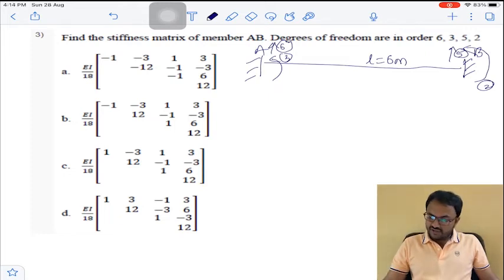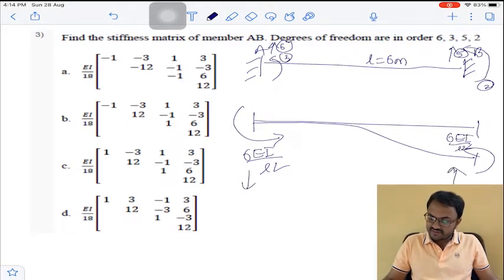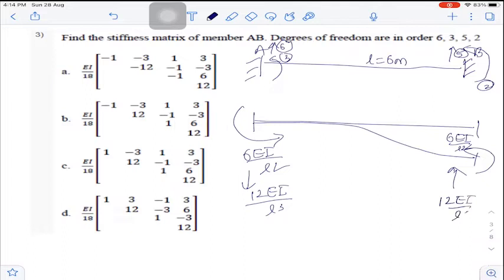Now we need to apply unit displacement at B. You will get this structure. So here it is 6 EI by L square, here it is 6 EI by L square. This is downward, this is upward reactions. 12 EI by L cube, 12 EI by L cube.